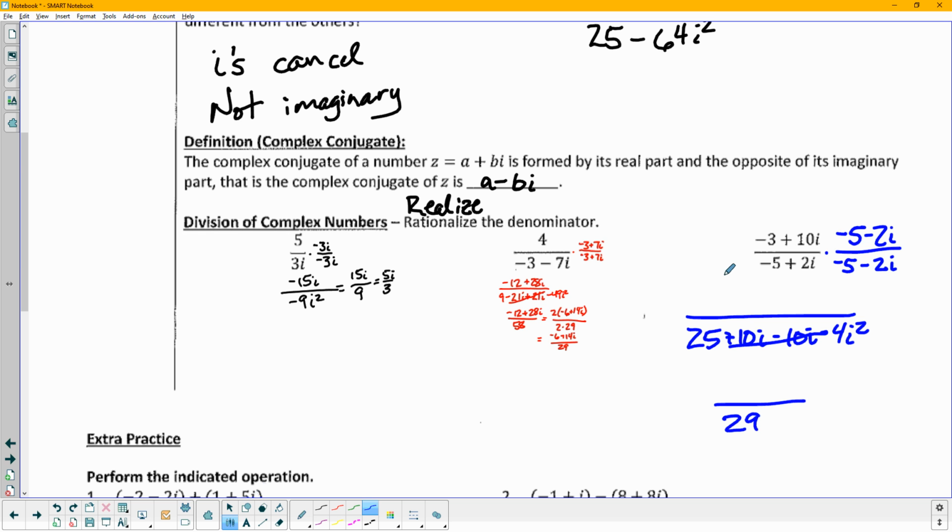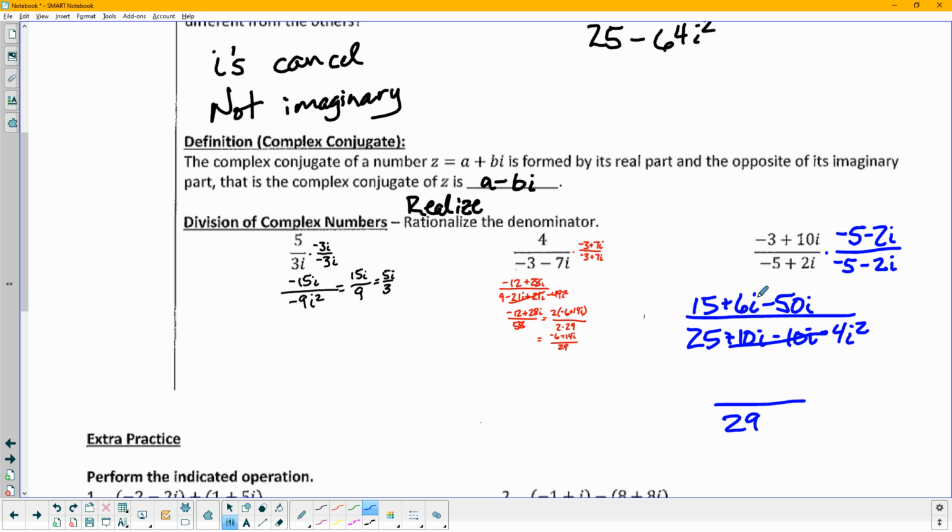On the top, I'm going to have -3 times -5 is 15. -3 times -2i is going to be plus 6i. Positive 10 times -5 is -50i.